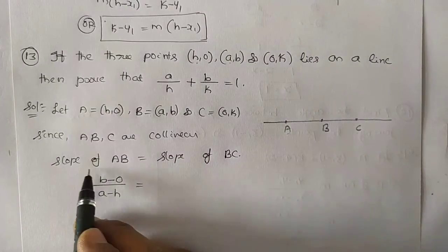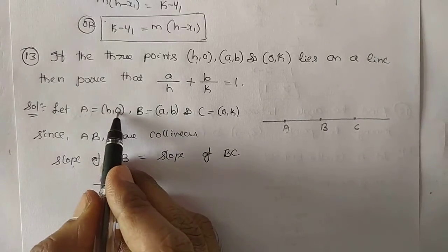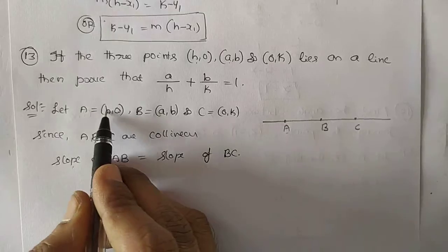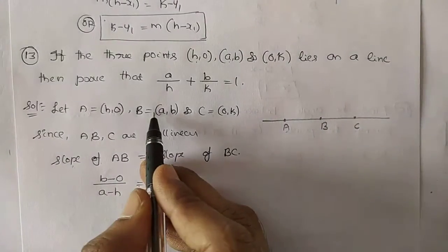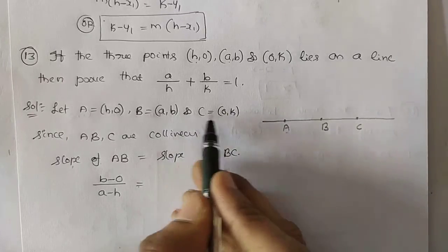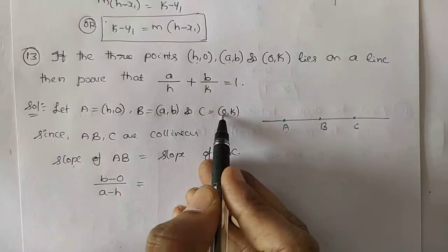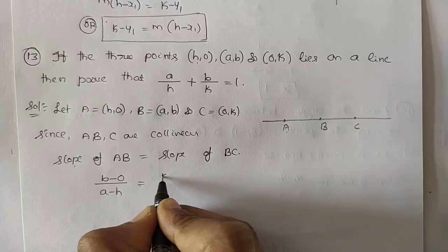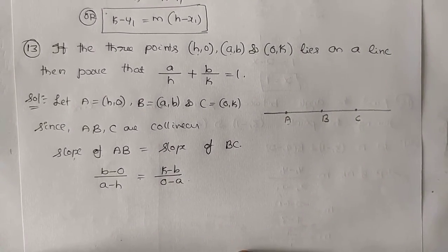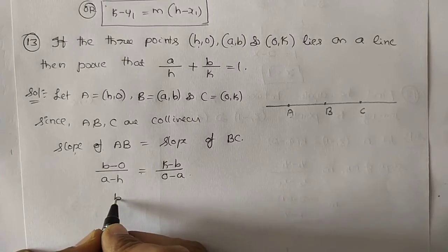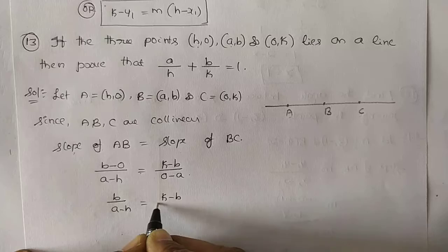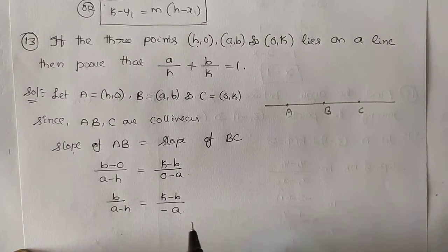That equals slope of BC, which is k minus b divided by 0 minus a. Now simplify: b divided by a minus h equals k minus b divided by minus a.